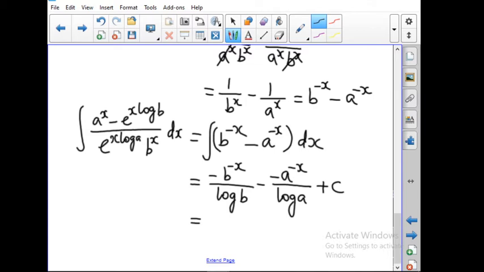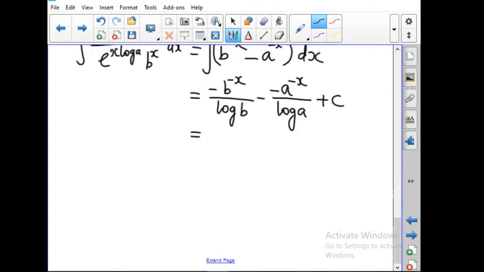So now we write this down. We can bring b^x to the denominator, so this can be written as 1/(b^x log b) with the sign of minus. Here minus into minus is plus, so 1/(a^x log a) plus c.